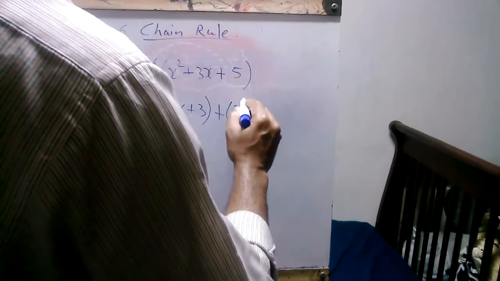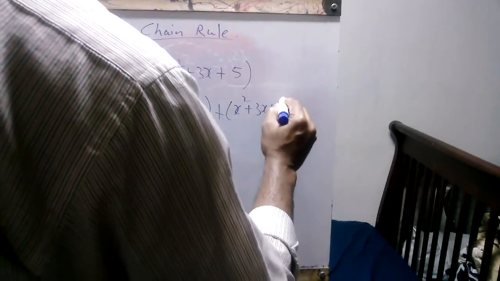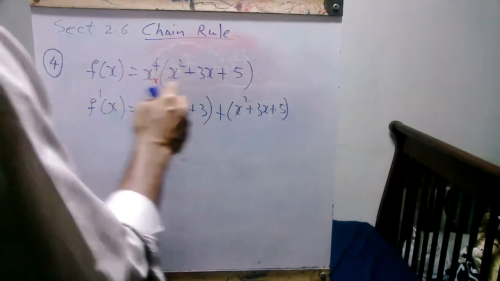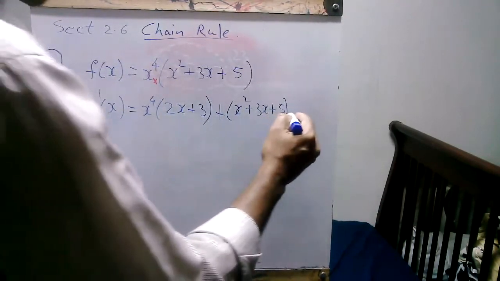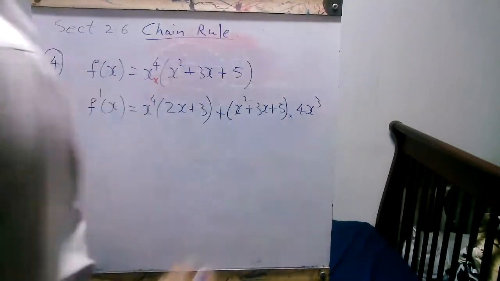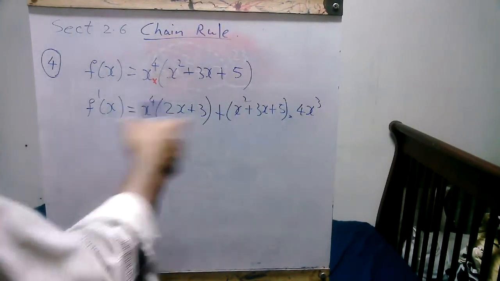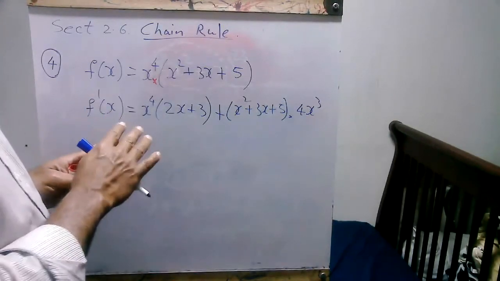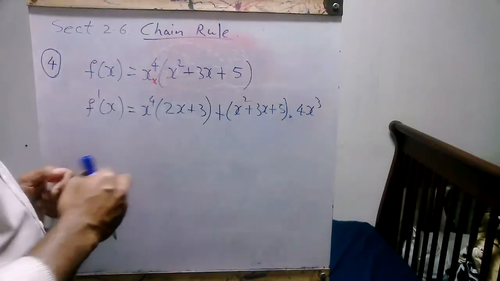Differentiate x to the power 4, we get 4x to the power 3. Right? Now this is all the differentiation, then simply distribute and combine like terms.